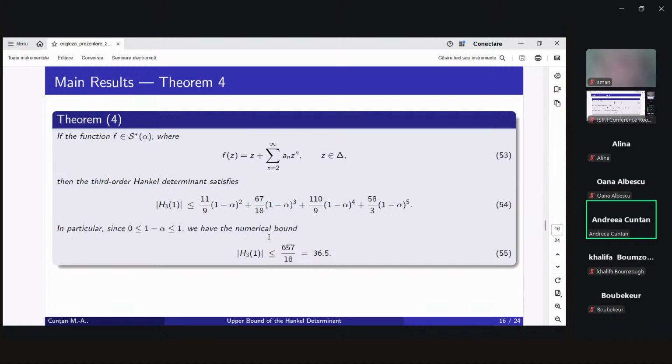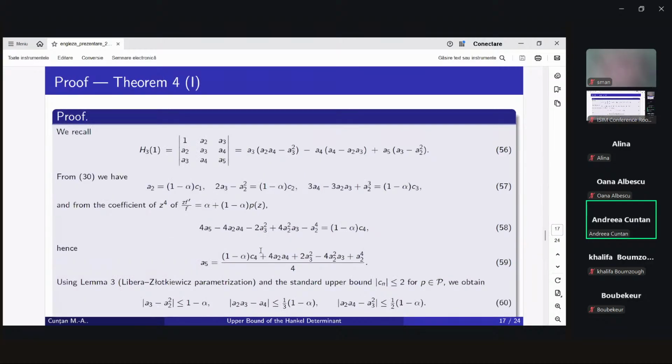We have the numerical bounds in the next equations. Proof. The proof of this theorem is as follows.